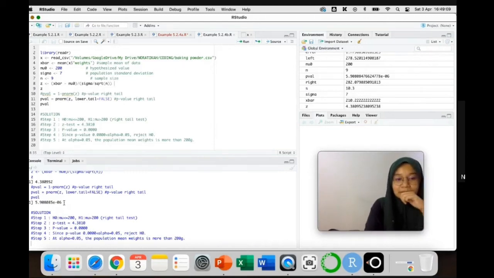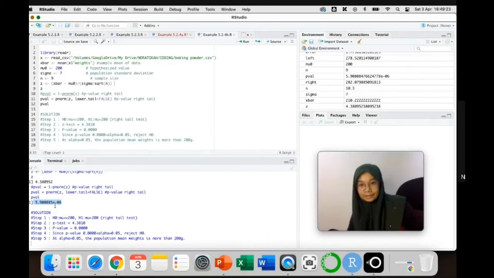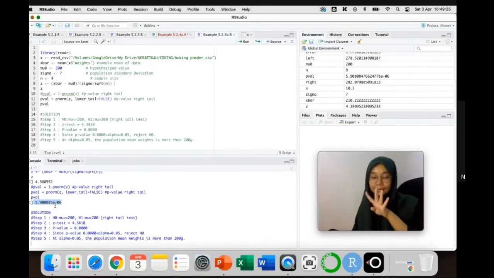Apa maksud dia ni? Berapa sebenarnya nilai p-value ni? Really small. 0.0000590885. So, always take four decimal places. So, dia kepada 0.0000. So, these are the solution.